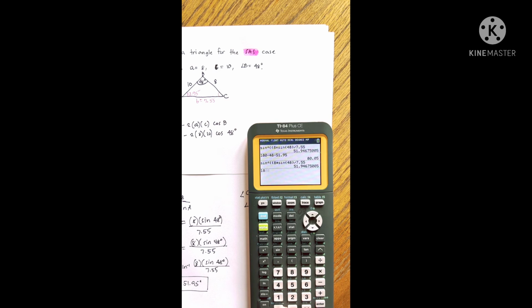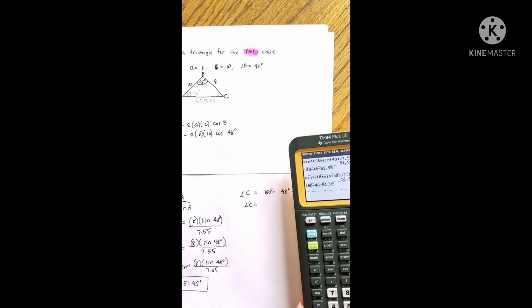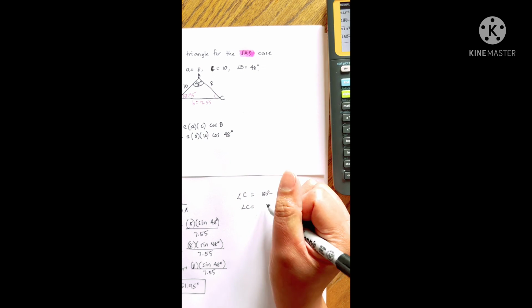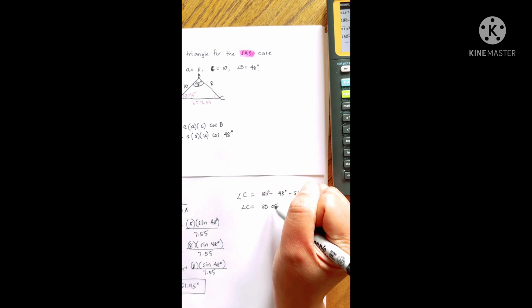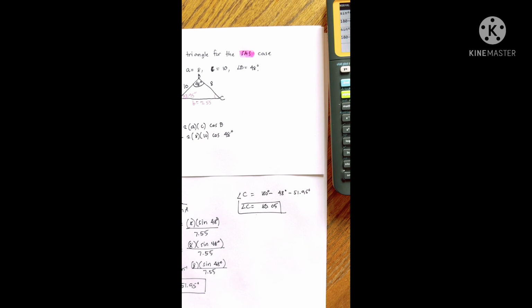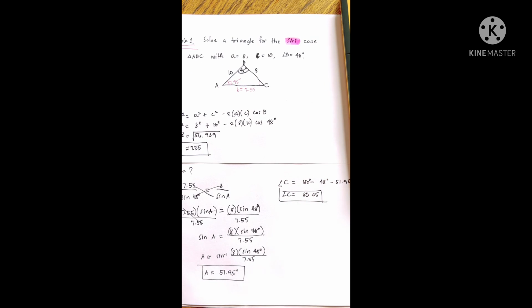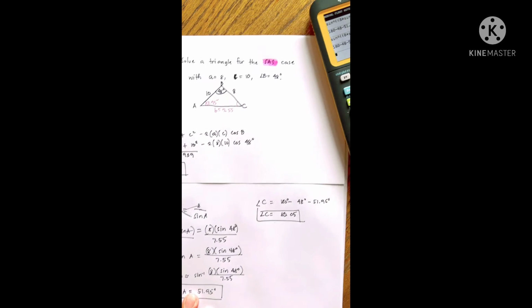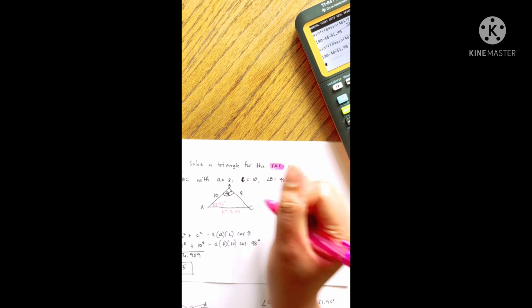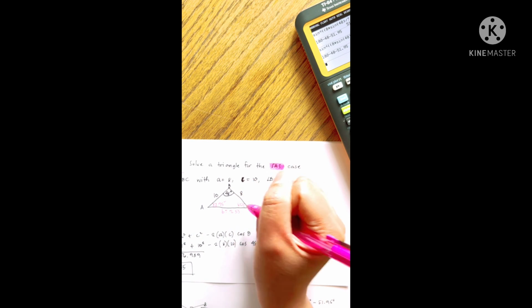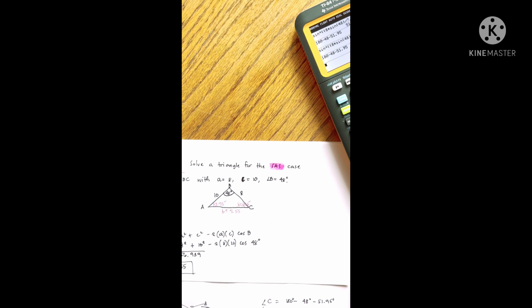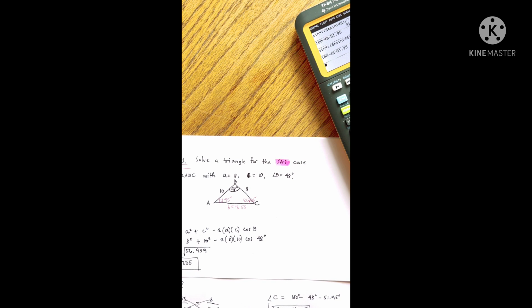So 180 minus 48 minus 51.95, and that is 80.05. There you go. So we are done solving this triangle for the SAS case.